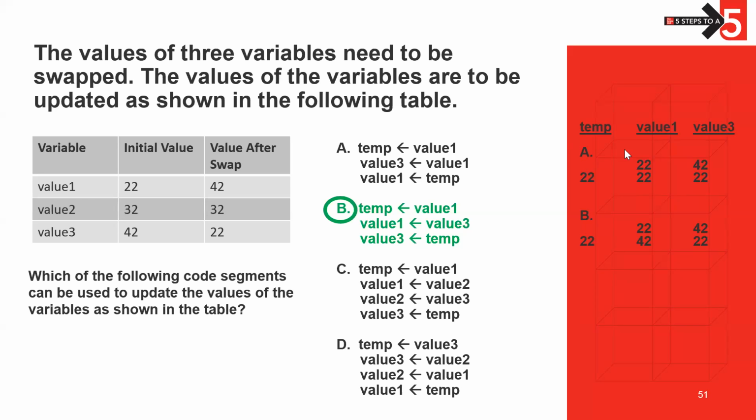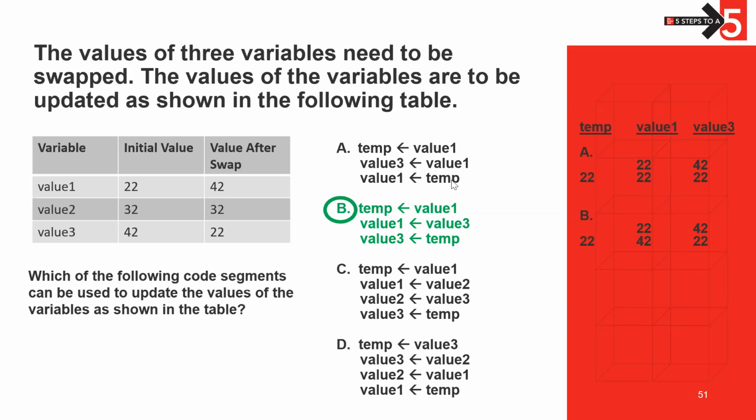So again, write this one down in your test booklet, okay? So if we start with the initial values for value 1 and value 3, because we don't need to worry about value 2, temp becomes value 1, so it's 22. Then value 3 gets updated with value 1's value, 22. But hey, you can already see we've already lost the value 42. We didn't save that anywhere.